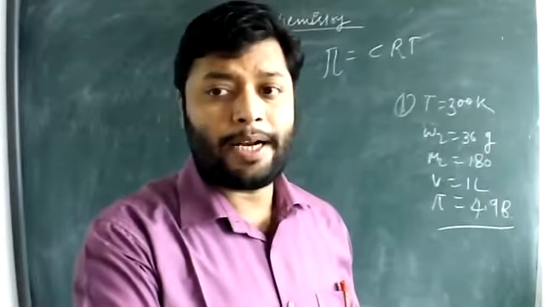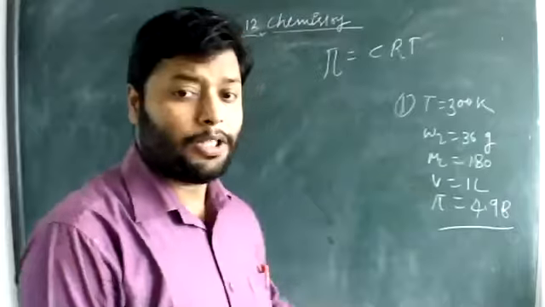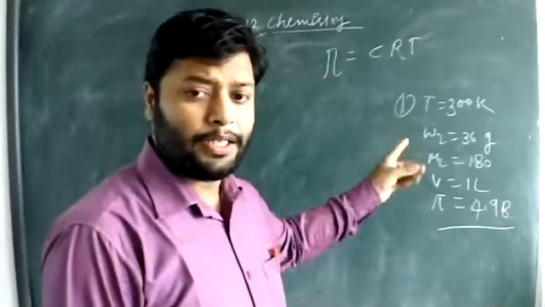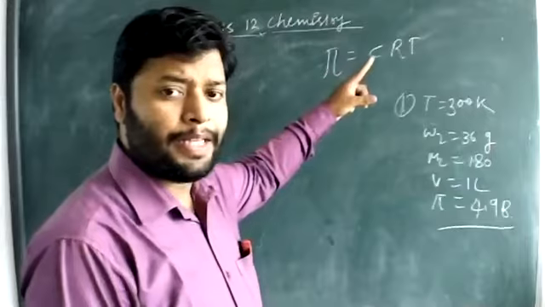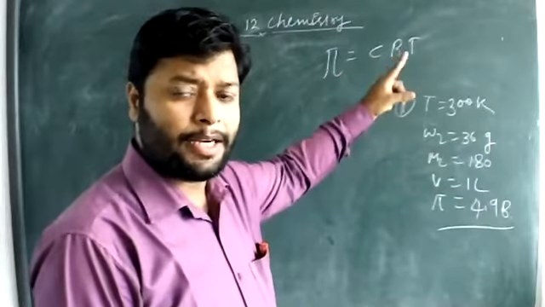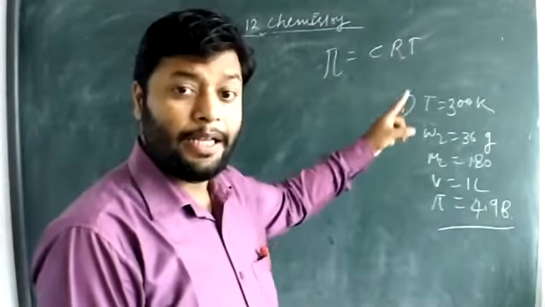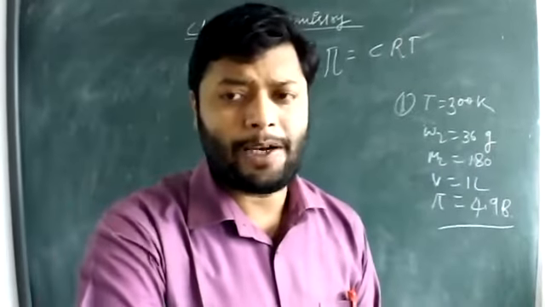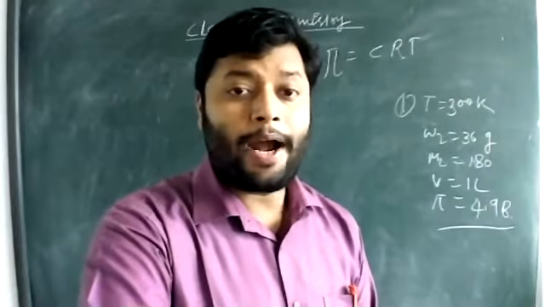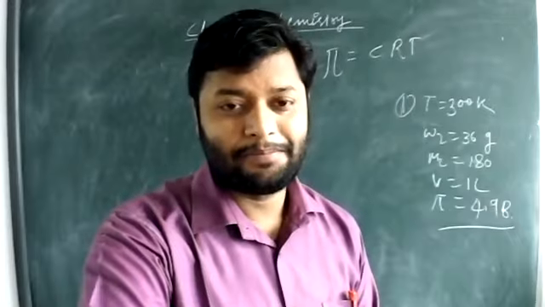Anyone can guess what we have to calculate? If temperature, number of moles and volume are given, number of moles upon volume will be C. Temperature T is given, pi is given, but R is a constant. What do we have to calculate in the question?